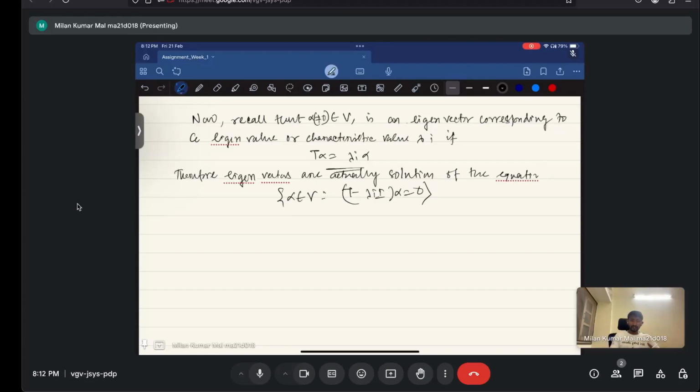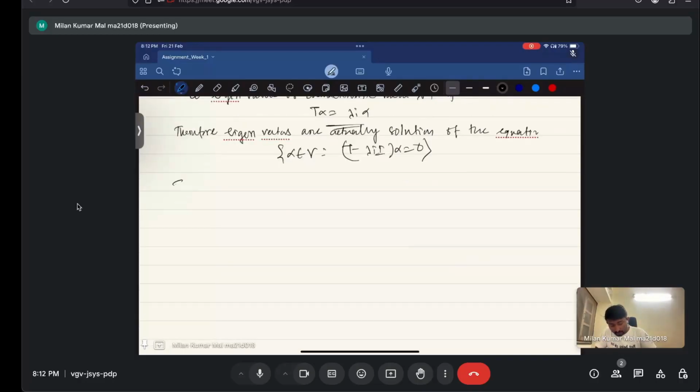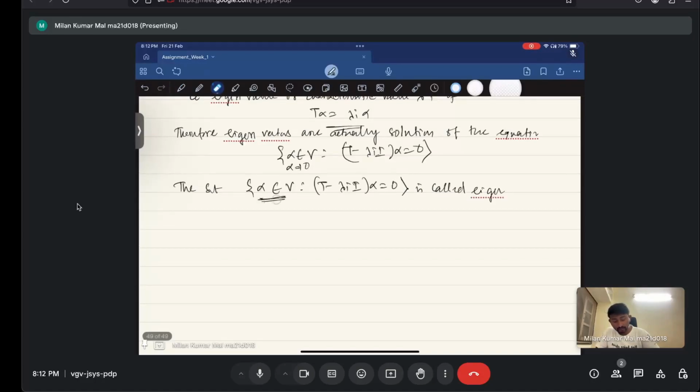If we also include alpha equal to 0, then the set of alpha belonging to V such that (T minus lambda i) alpha is equal to 0, where 0 is included, is called the eigenspace corresponding to the eigenvalue lambda i.